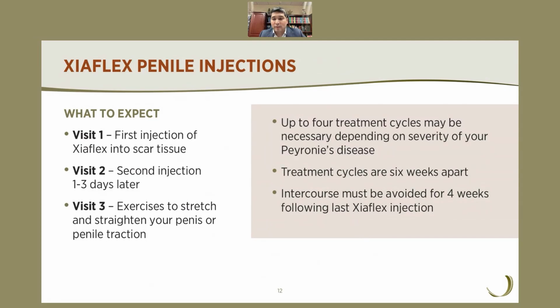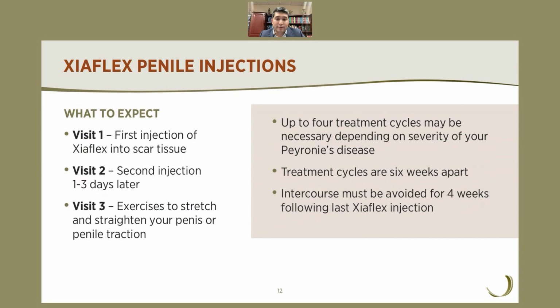We'll then reduce that erection and inject the medication into the scar tissue. Patients will then be scheduled for a second injection anywhere between 1 to 3 days later. And then there will be an option for a third visit in another few days for additional penile modeling, so stretching against that scar tissue. Alternatively, patients can also utilize the RestoreX device to help with that stretching.